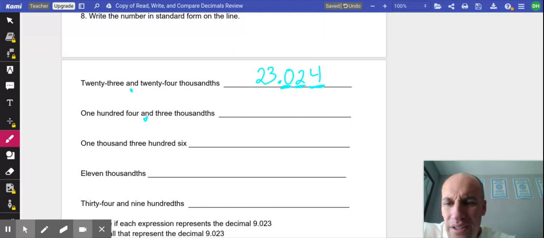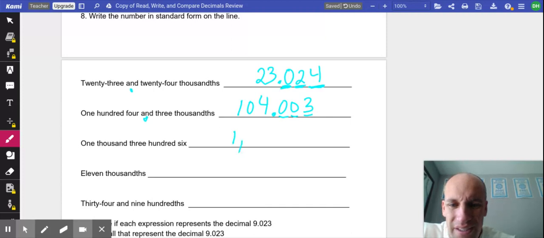104 and decimal. So 3 thousandths. Tenths, hundredths, thousandths. That's where my 3 goes, so I need to annex 2 zeros. 1,306.